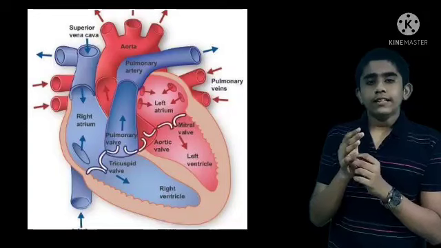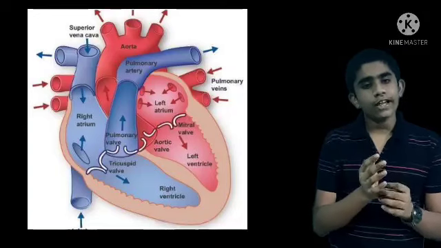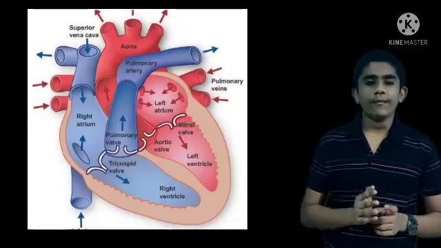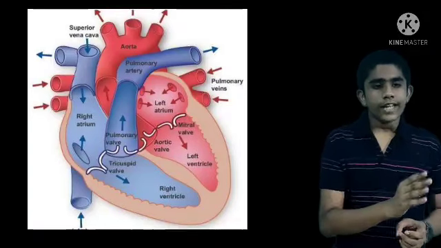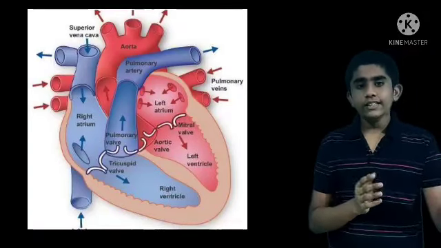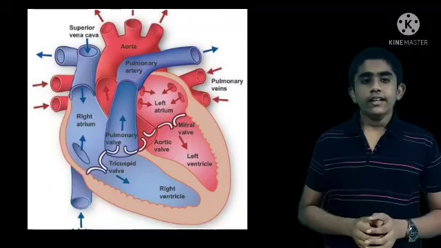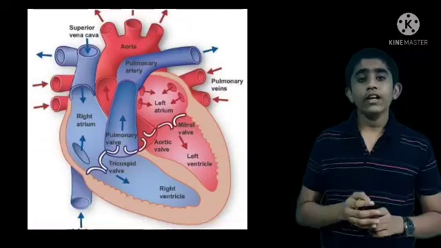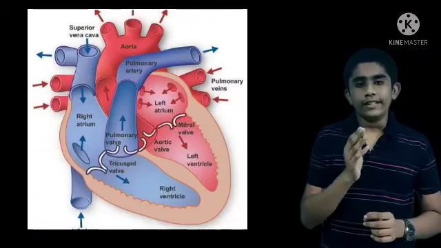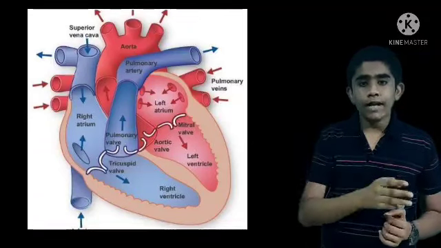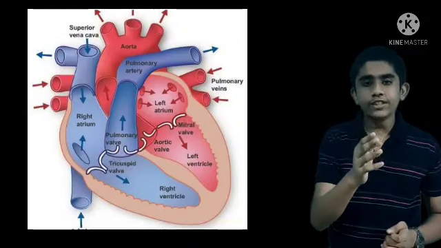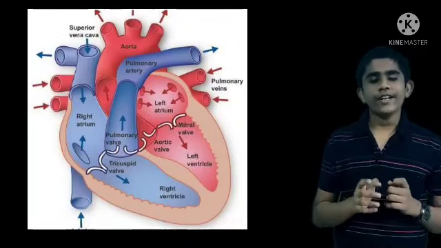When the blood flows through this pulmonary vein, it reaches the left atrium. Now, on the right side, it was deoxygenated. On the left side, it becomes oxygenated. It is because the blood went to the lungs and got purified and reached the left atrium.